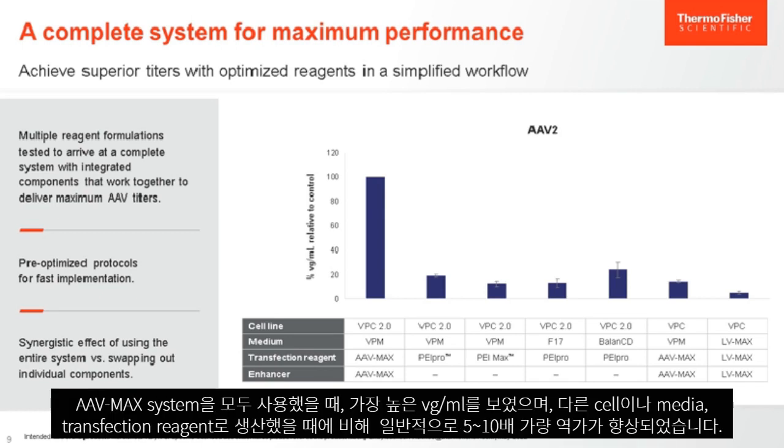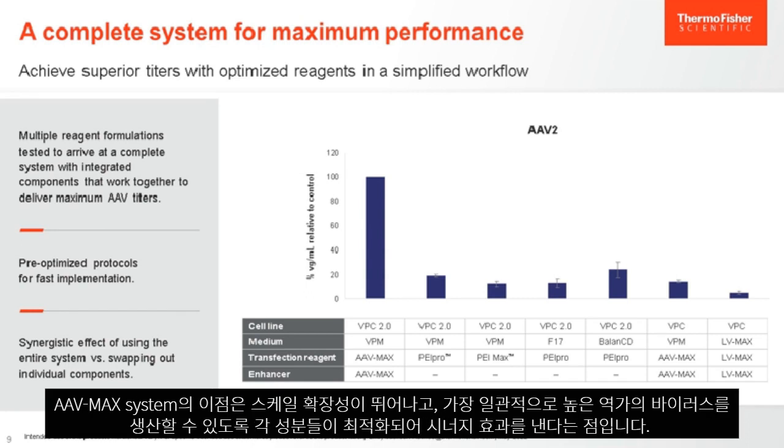And again, you can see typically between a 5 to 10 or even higher fold improvement in VG per mil utilizing the entire AAV-MAX system compared to utilizing combinations of cells, different media, and transfection reagents. So really the benefit here of the AAV-MAX system is that it has been optimized fully for all of the componentry to work synergistically with one another to provide the most consistent and highest titers in a highly scalable format.